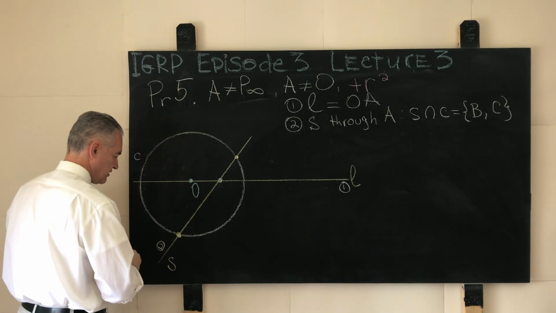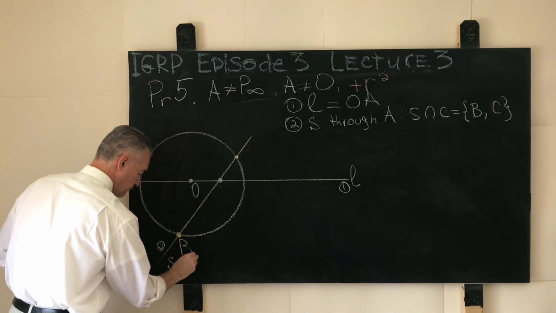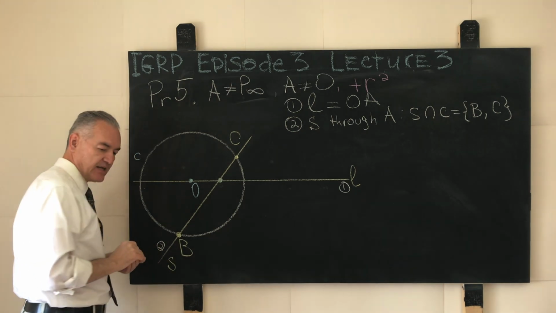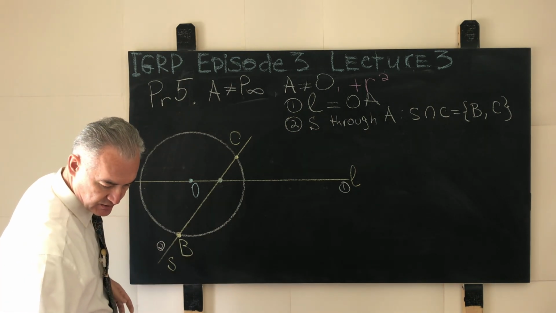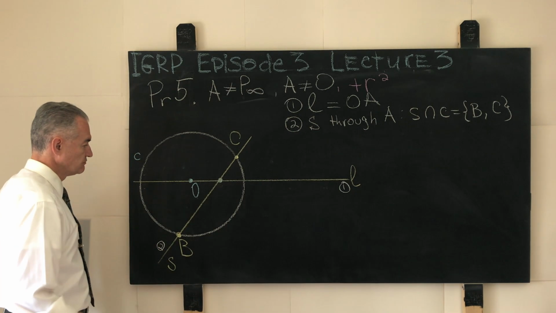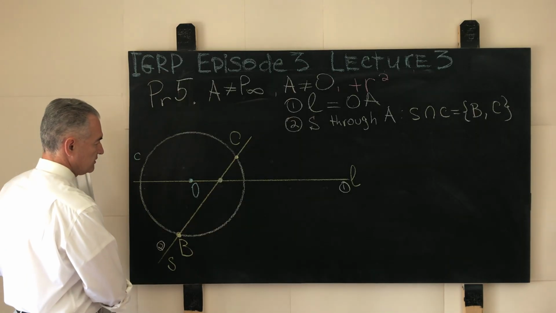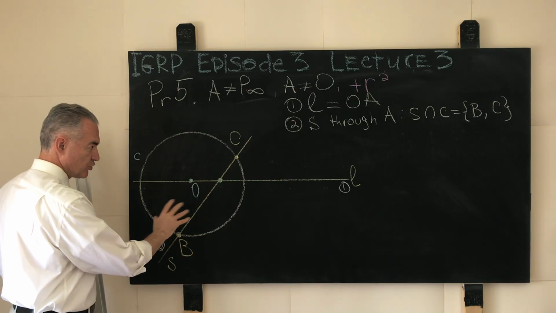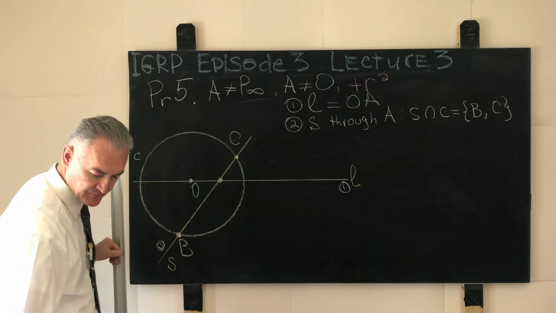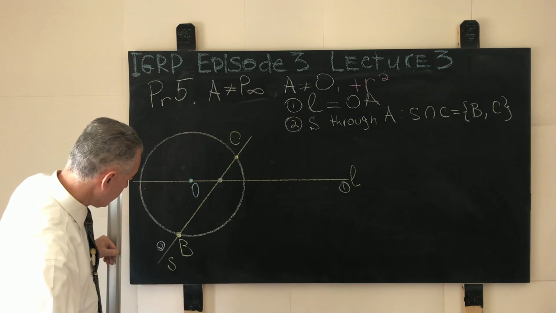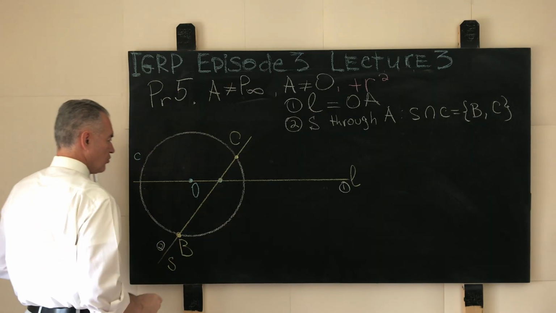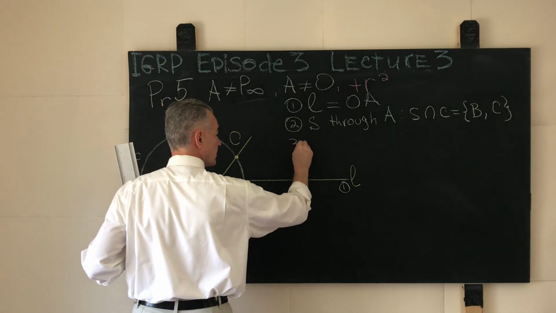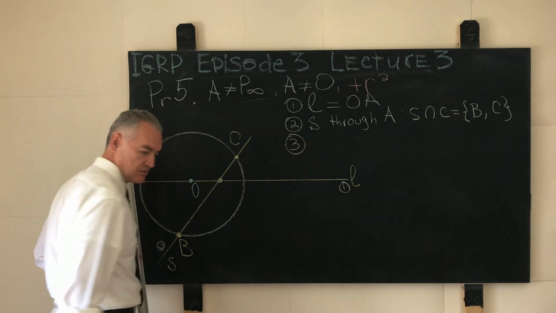Let's say this is our point B. This is our point C. Next, we take the point that lies over here. And again, we'll have to play with the terminology once we settle it in. Let's say we pick this point, and through that point B, this will be our step number 3.